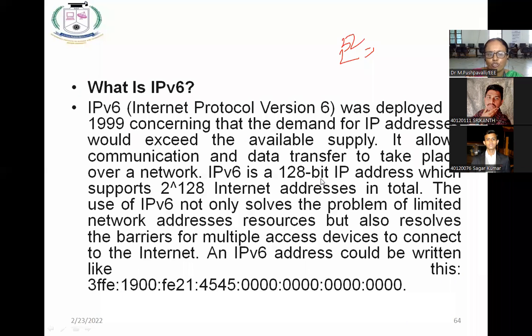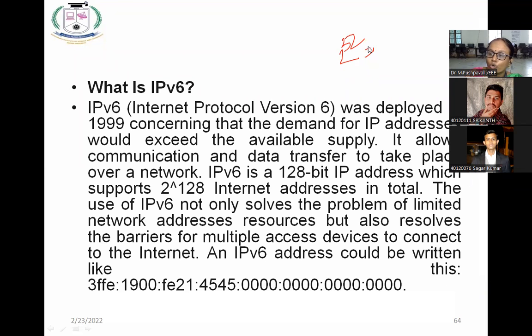We have this IPv4, so what is your answer now? That will be done by IPv6. You all know that in 1998 or 1999 they deployed the new version of the internet protocol, IPv6, with a 128-bit IP address. Imagine 2 power 128 internet addresses in total.